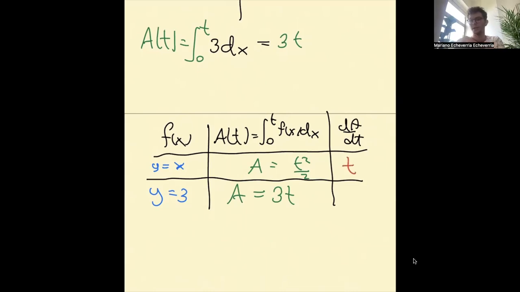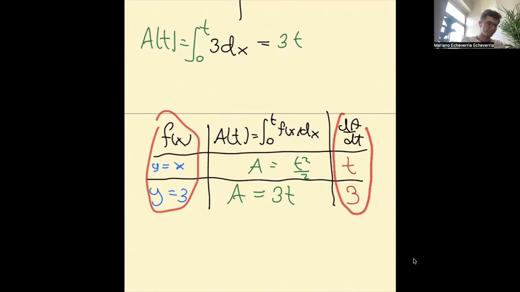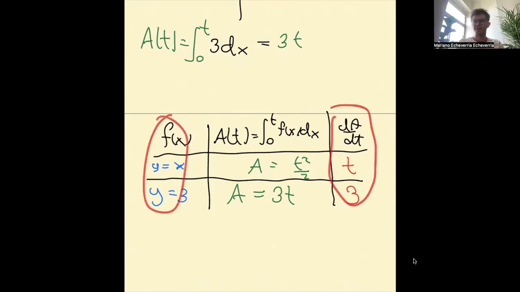It's just t, right? And what's the derivative of 3t with respect to t? It's just 3, correct? So is there any relation that you see between the first column and the third column in this chart?